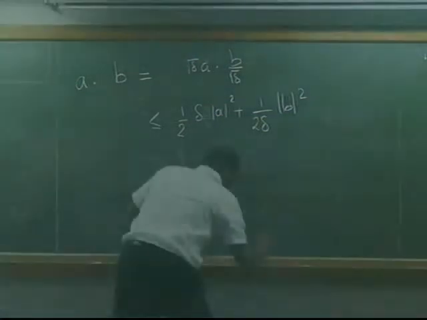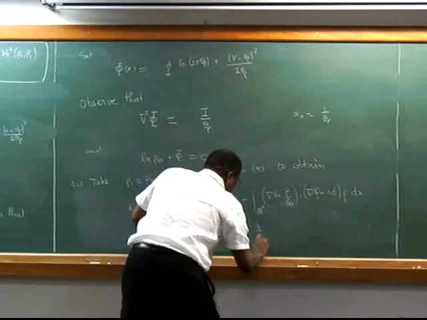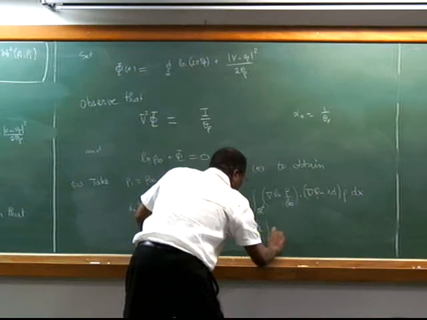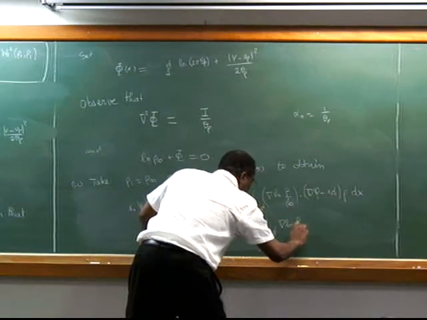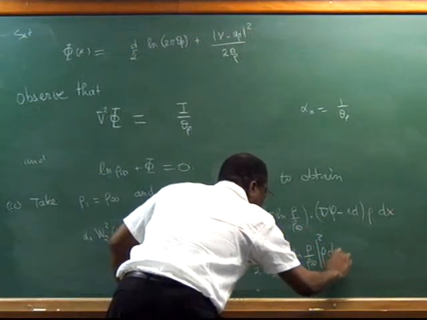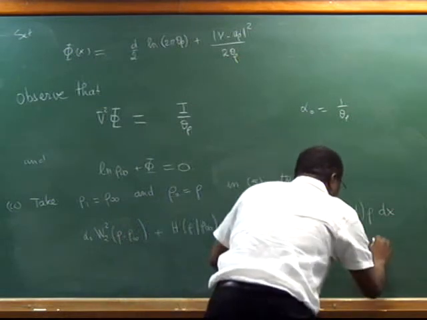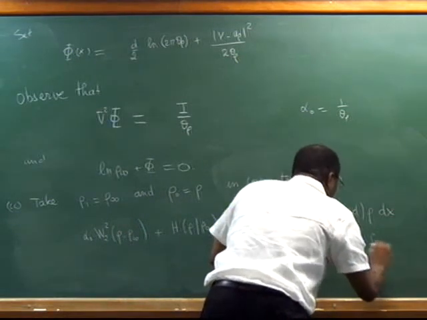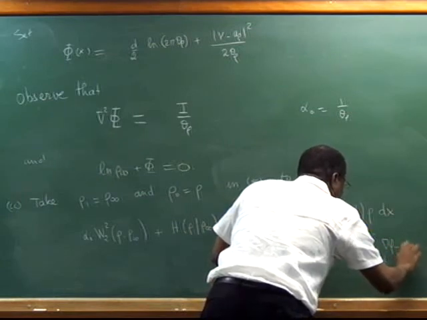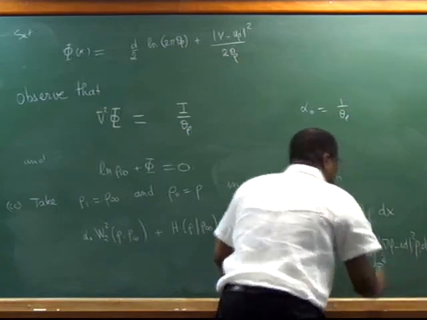So I am going to apply that rule here to say that this is less than delta over 2, for any delta positive, the integral over R^d of the gradient of log of rho divided by rho infinity squared rho dx, plus 1/(2 delta) the integral over R^d of the gradient of phi minus identity squared rho naught rho dx.